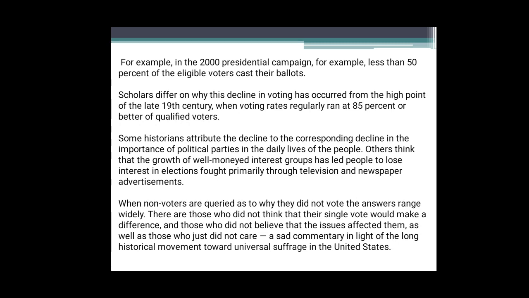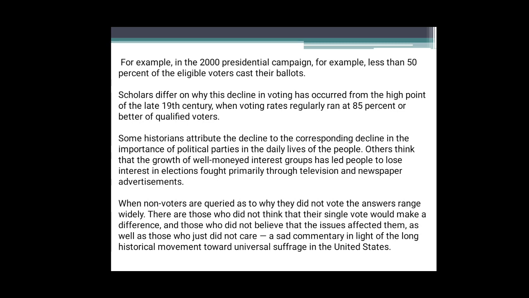For example, in the 2000 presidential campaign, less than 50% of eligible voters cast their ballots.